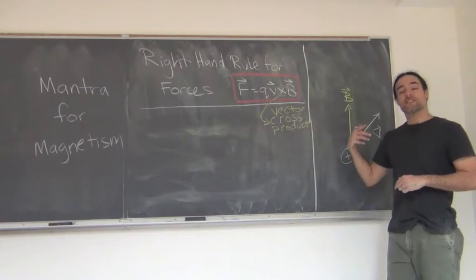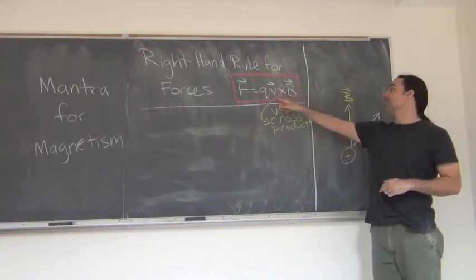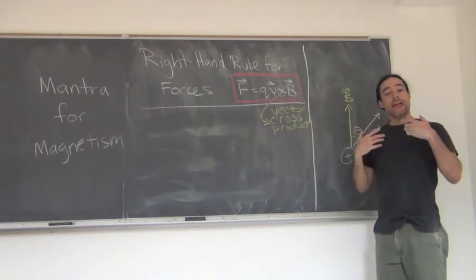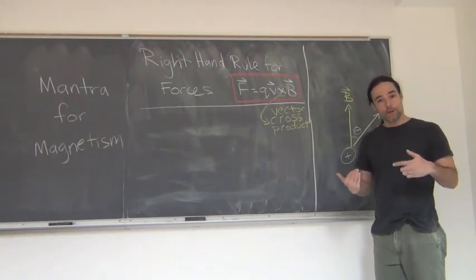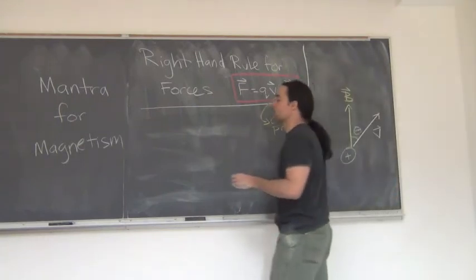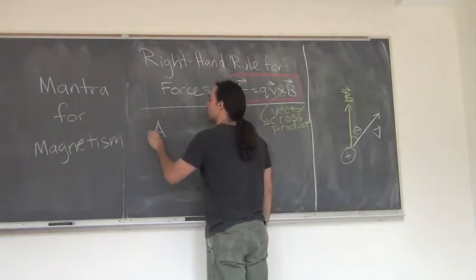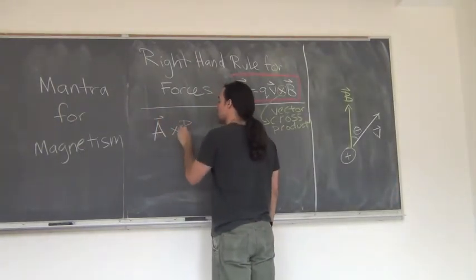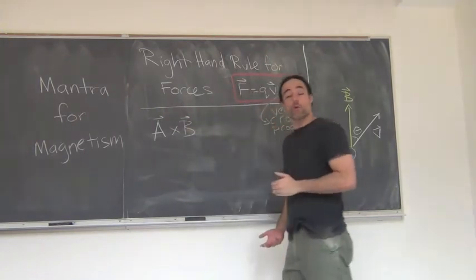Well, I've told you that this is a vector cross product. So we're taking V cross B. And in general, whenever you do a cross product, suppose you have two vectors, A and B. The cross product works as follows.